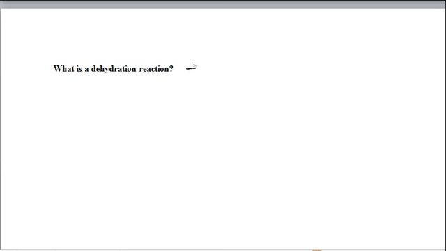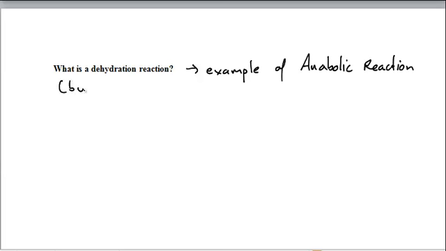This is an example of an anabolic reaction. In other words, building, or another fancy word in English for bringing things together, a synthesis reaction.